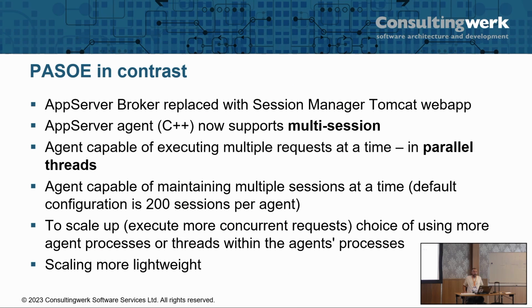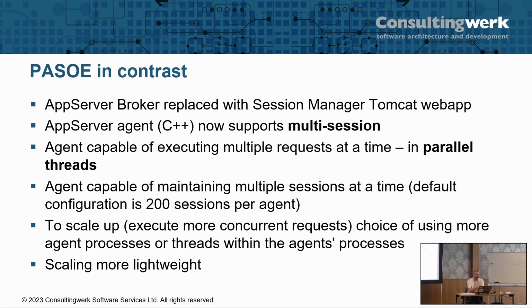So the PASOE, in contrast, the app server broker is completely replaced with the session manager Tomcat web app. So there is now an app server agent written in C++, and it is multi-session and in parallel threads. It is capable of handling requests in parallel.